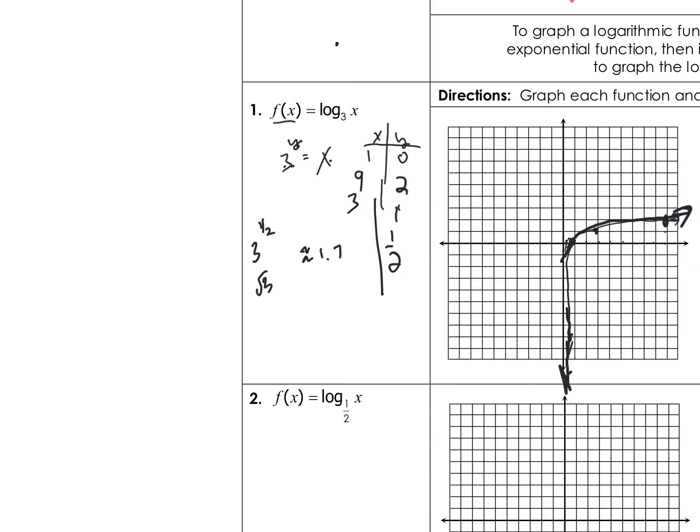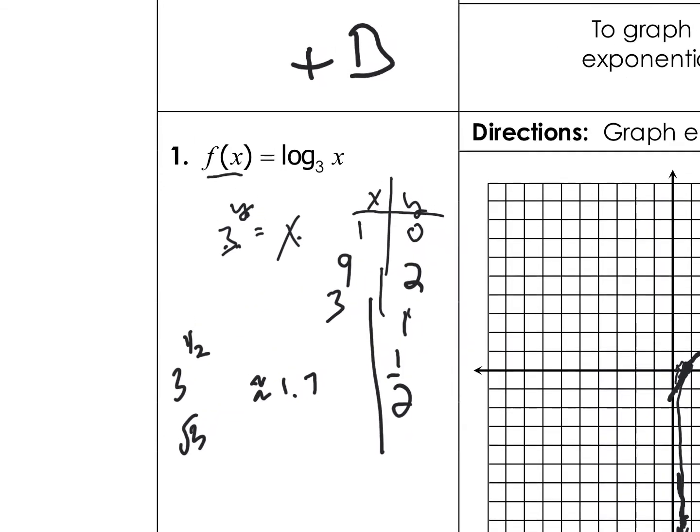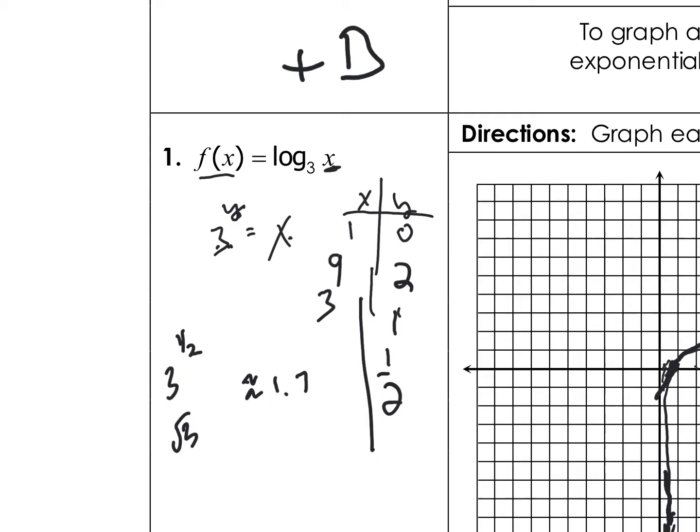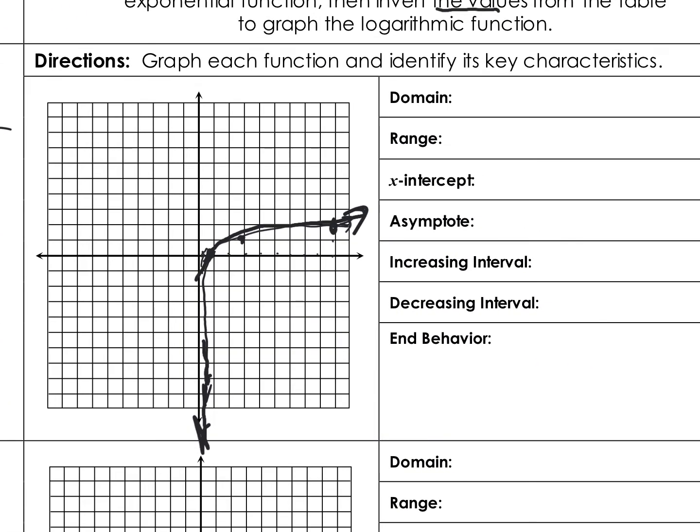I didn't add or subtract anything to the x. I didn't put any negatives anywhere. There's your parent function. The domain cannot be 0, but it can be all the other x's forever. The range can go down forever and up forever, so negative infinity to infinity.